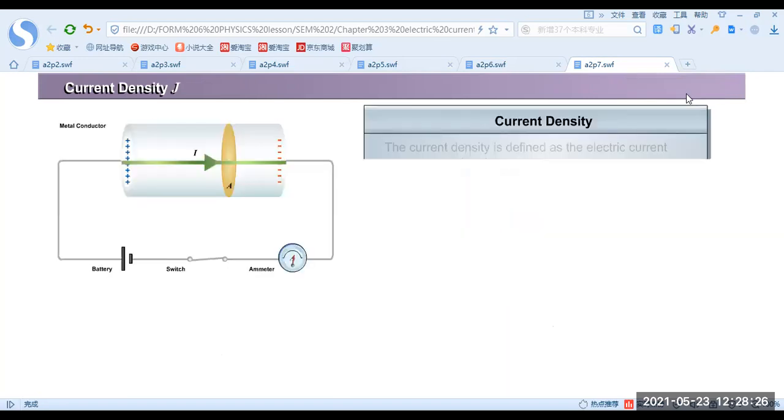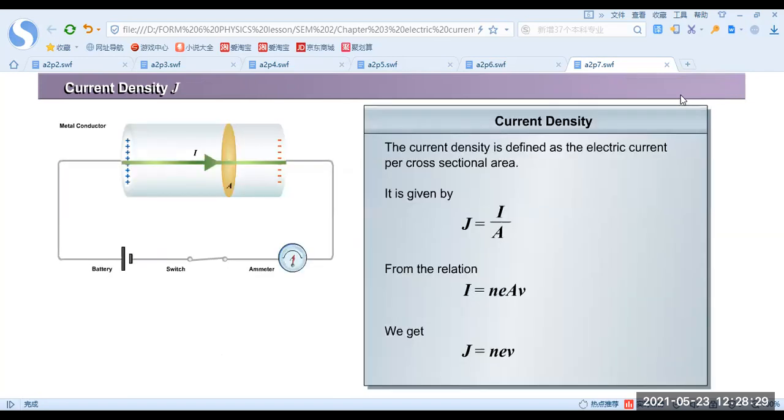Current density is given by a formula. J is defined as the electric current per cross-sectional area. How much current per area? So from the relationship, the current is equal to NAVE.